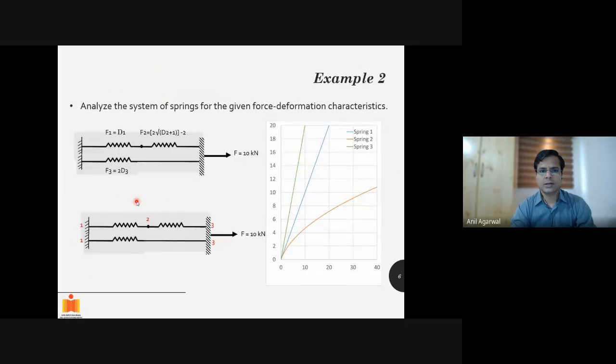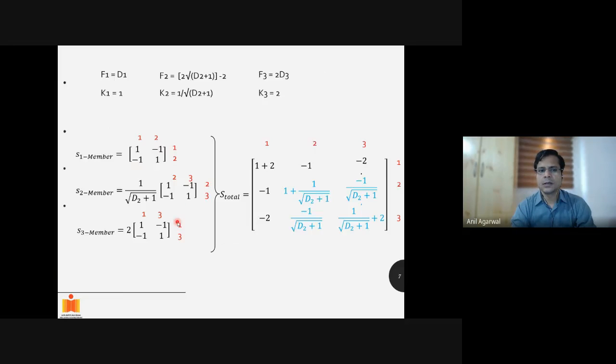But when you go to a slightly more complex problem, wherein there are 3 springs, 2 in series and 1 in parallel with the remaining 2, then you will see that solving for any given load becomes relatively difficult because one of those springs is a nonlinear spring. So the direct formula cannot be applied as easily, and as a result, the Newton-Raphson method does offer a slight advantage.